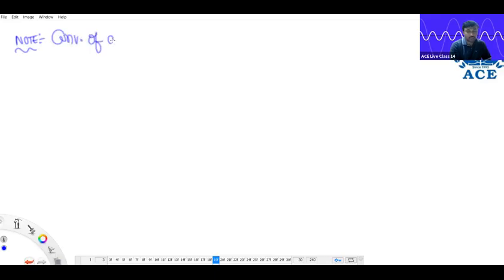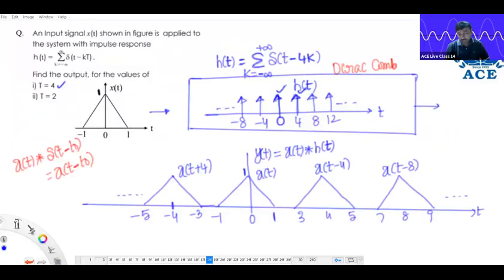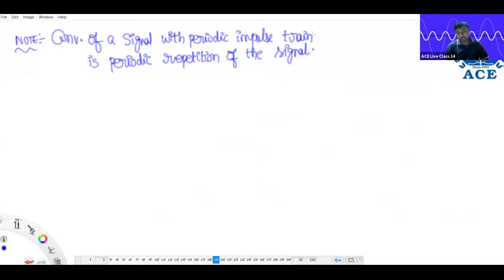Convolution of a signal with a periodic impulse train is periodic repetition of the signal. What is that signal? In our case, it is a triangle, but it need not be a triangle, sir.